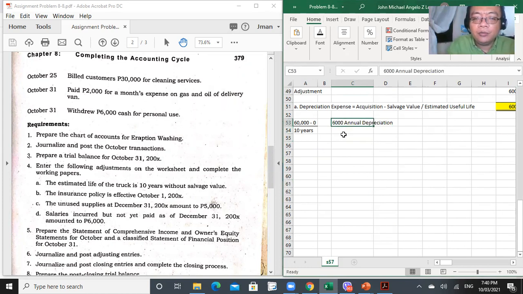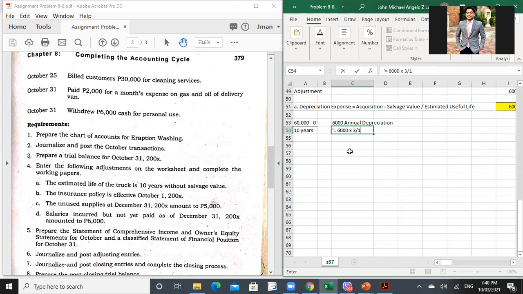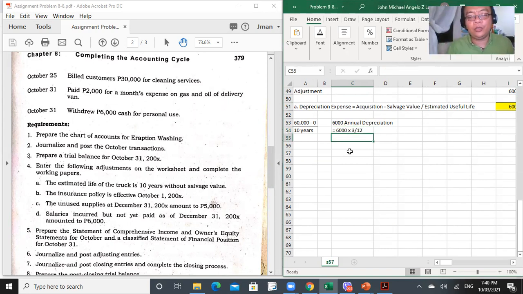So the 6,000 here, we multiply it by how much? 6,000 times 3 over 12. Why 3 over 12? Because October, November, December. That's basically your depreciation expense.